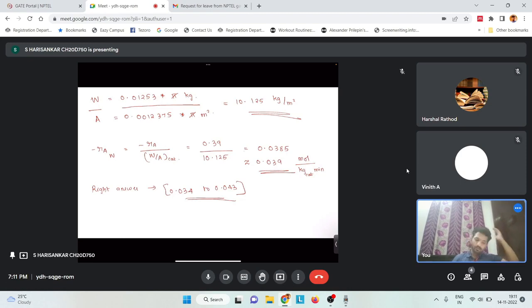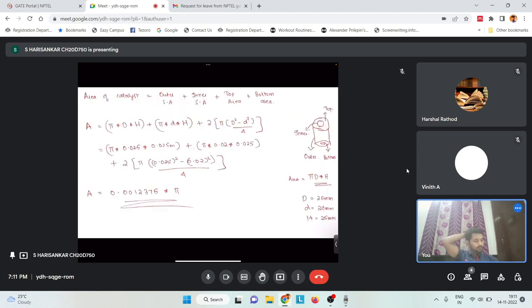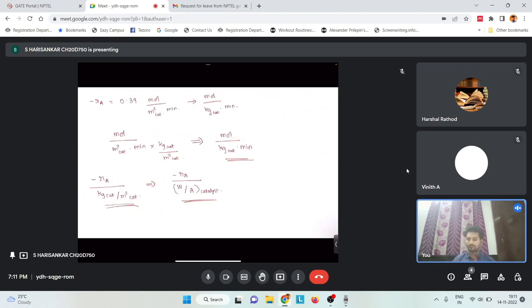Right? So this is just converting the units of our reaction rate to per kilogram catalyst from per meter square catalyst. So I hope you guys understood the conversion basically. So what we are doing is we are trying to convert a reaction rate given in terms of mole per meter square catalyst per minute to mole per kilogram catalyst per minute.